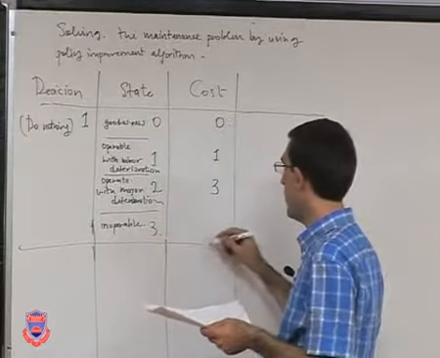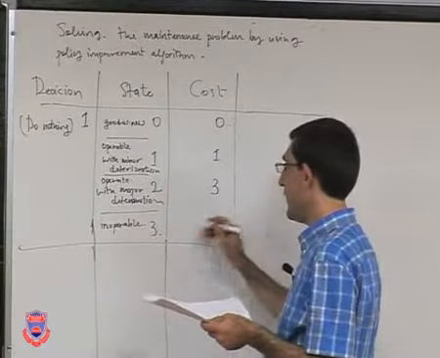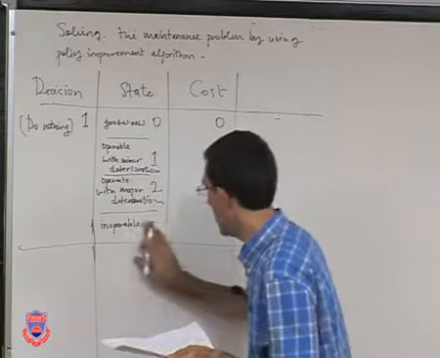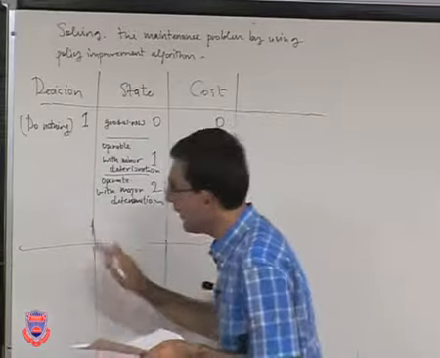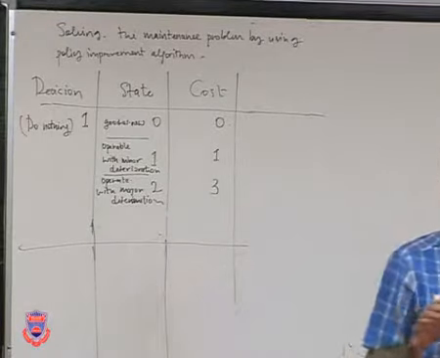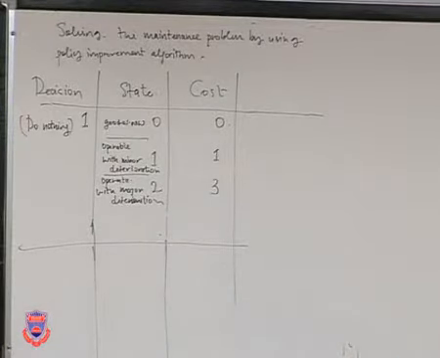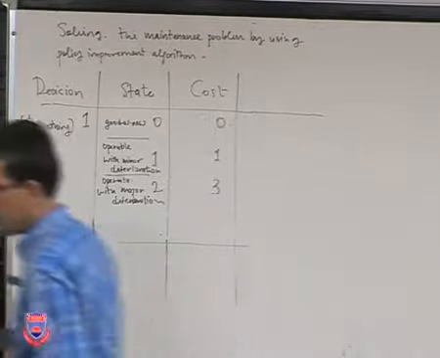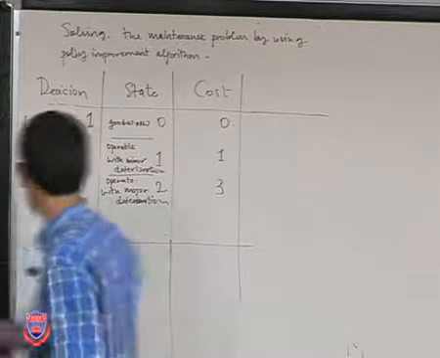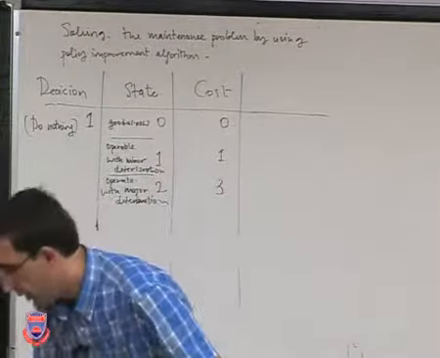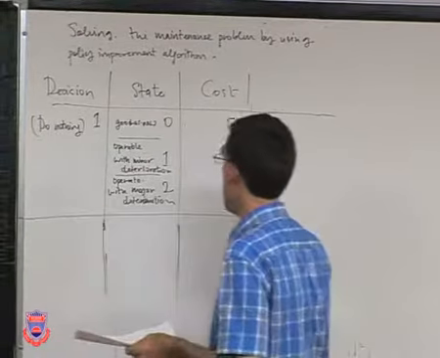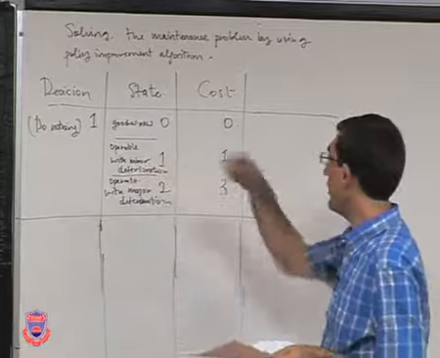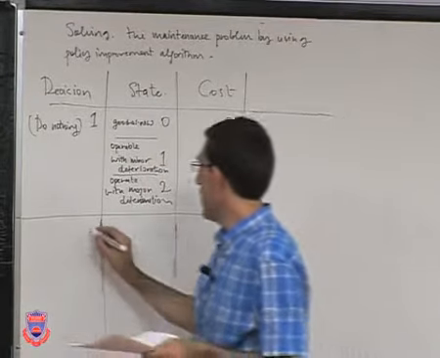And if it is inoperable, then this is not allowed actually, right? Now I remembered, since the production should go forward, if the machine is in state 3, you are required to replace the machine. Okay. So decision 1 is allowable only in those 3 states.